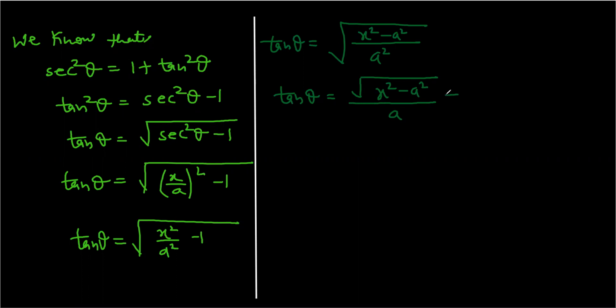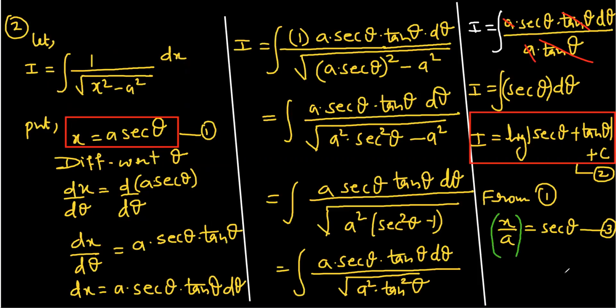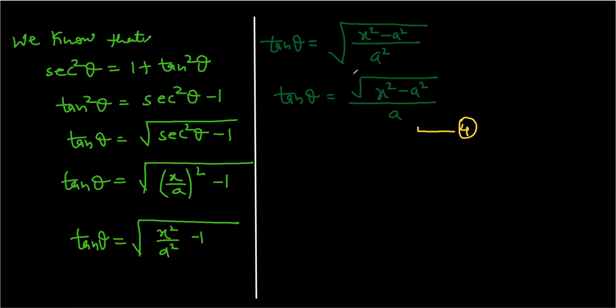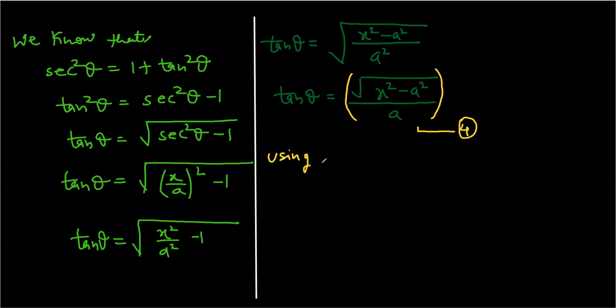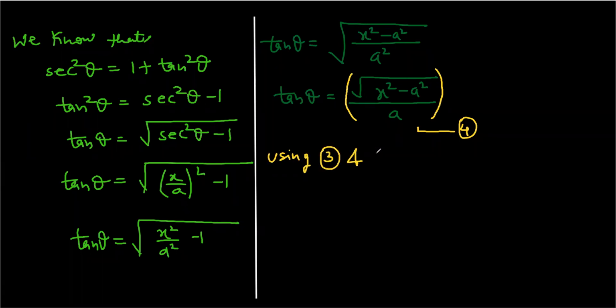This is equation number 4. So you have equation number 3 giving you sec theta, and equation number 4 gives you tan theta. What is the next step? I will write here using 3 and 4 in 2 we get.